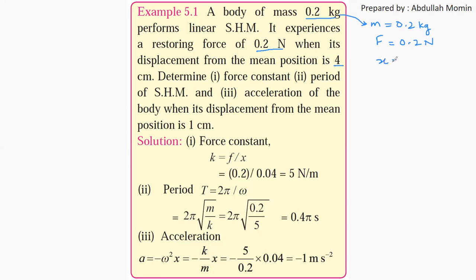So the displacement of the body is given, that is 4 centimeter, and when you convert it into meter we multiply it by 10 raised to minus 2.